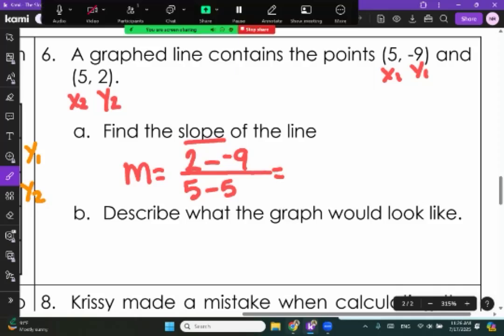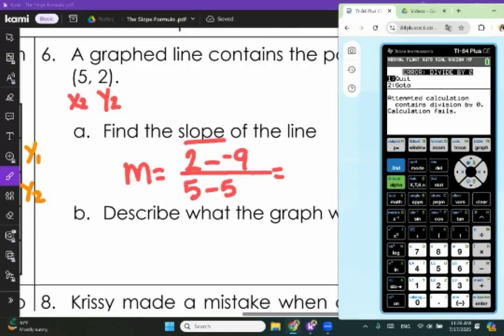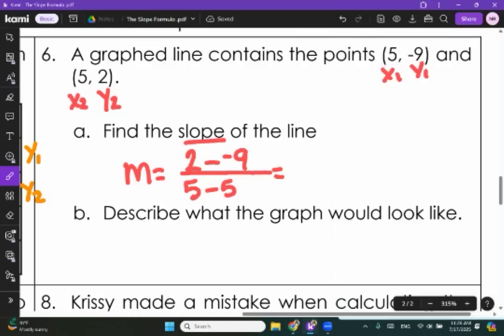What happens when you type this one into the calculator? 2 minus negative 9, 5 minus 5. We get an error. Why is that? Well, 2 minus negative 9. Let's work this out by hand. 2 negatives make a what? Positive.